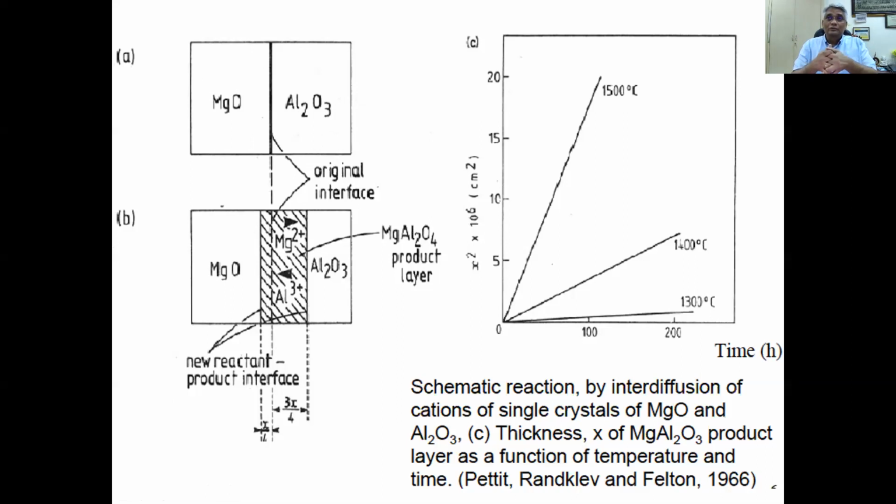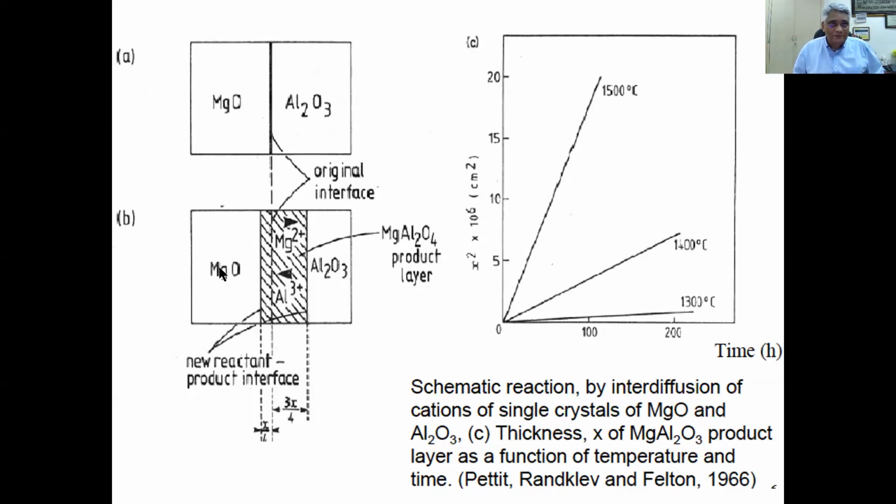So interdiffusion is a perpetual process, even if you leave a compound at room temperature, because room temperature itself has some energy, 26 milli-electron volts, right? A thin surface layer, the atoms on the surface layer can gain that energy, but normally this energy is not sufficient to cause any kind of diffusion. So you need elevated temperatures.